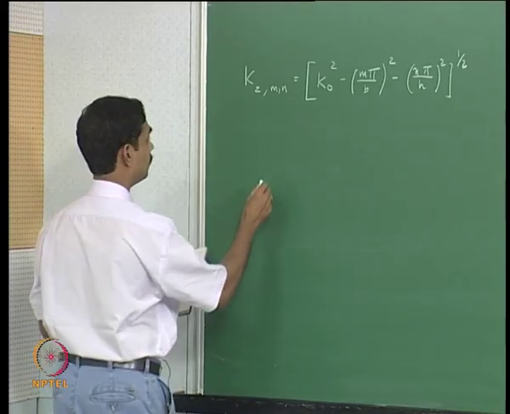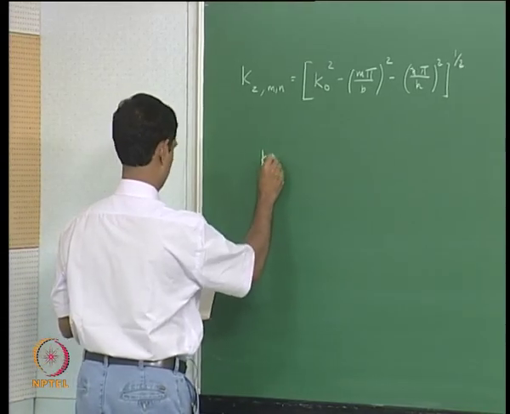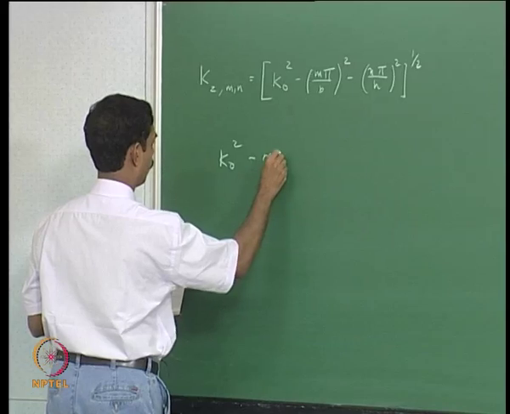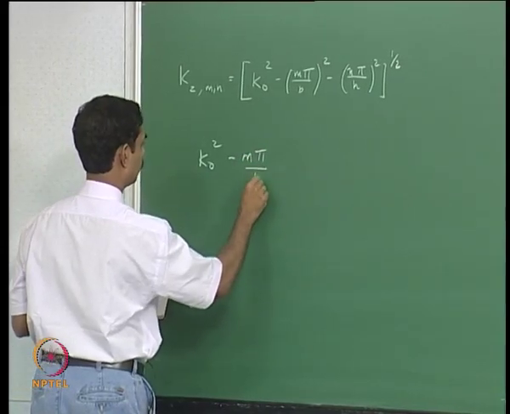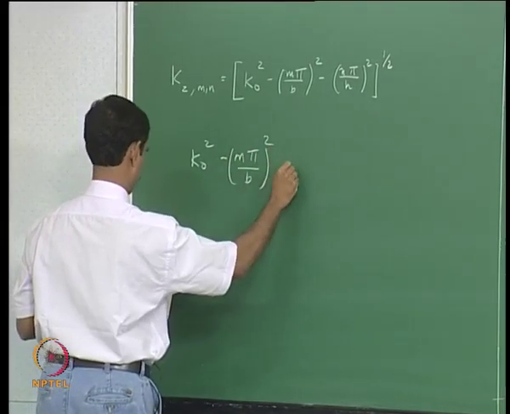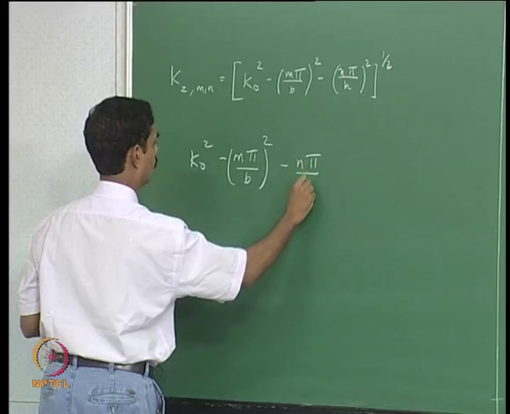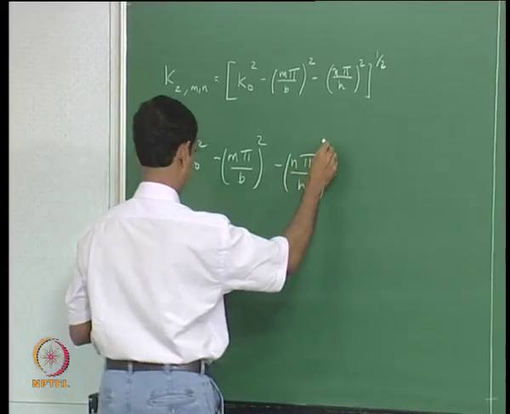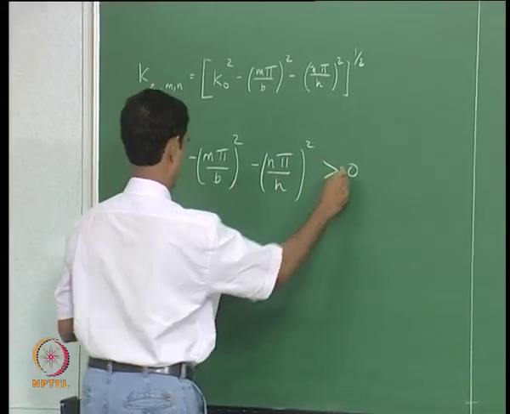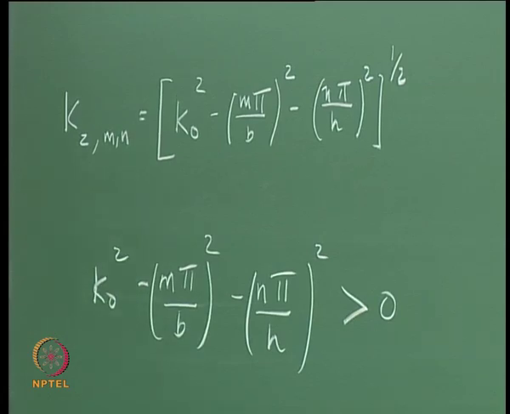So this would give real roots for kz,m,n, and that would mean that you will have this propagating solution of the form e power ikz and e power minus ikz.